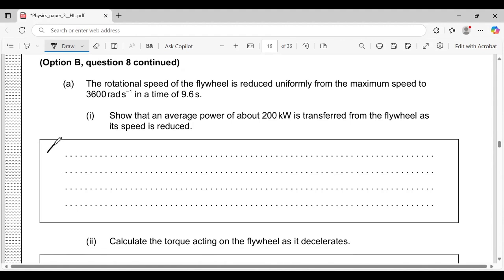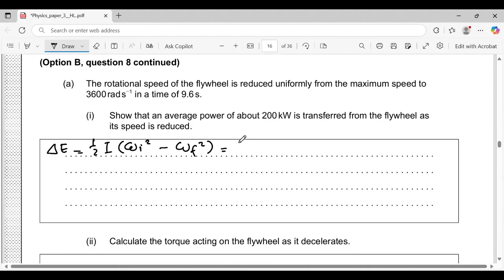So delta E equals 1/2 times I times the initial angular speed, this is omega I, minus the final angular speed, squared.